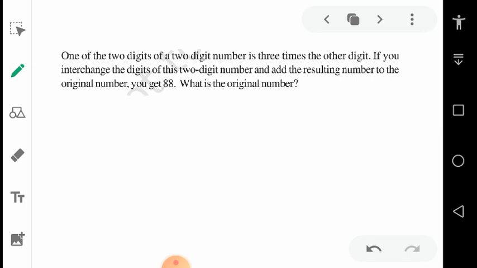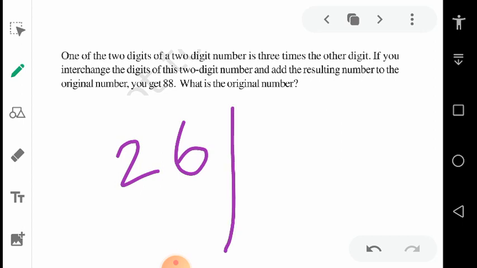Okay, so suppose the number is 26. As you can see, there are 2 digits and 6 is 3 times 2. So in this way we have to consider a number. Again, some other number may be 13. Here 3 is 3 times 1.